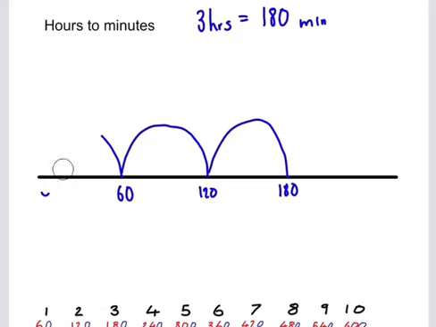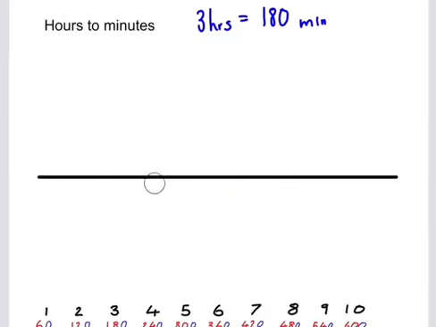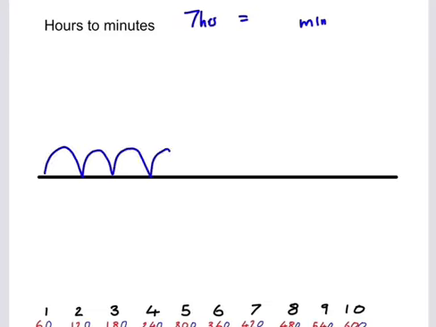Let's do another little one. What about if someone said, how many minutes are there in 7 hours? Oh, there's 1 hour, 2 hours, 3 hours, 4 hours, 5 hours, 6 hours, 7 hours.